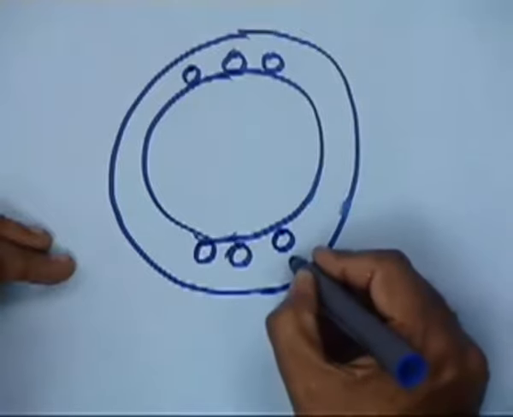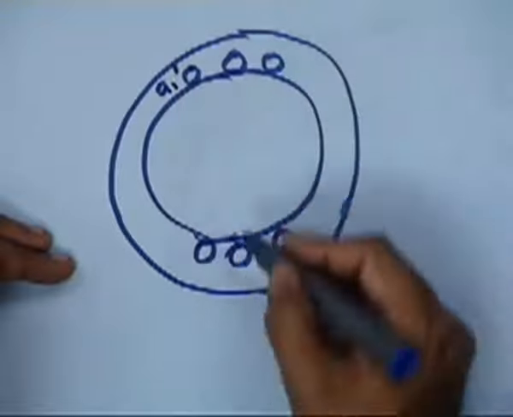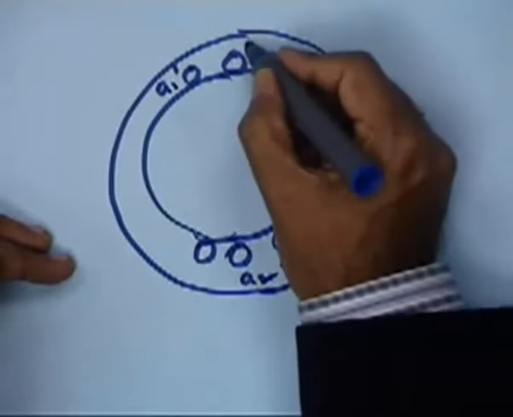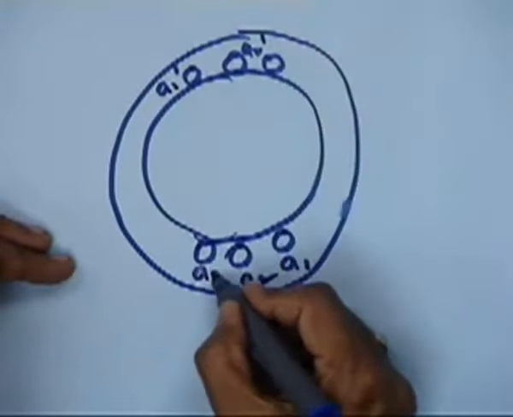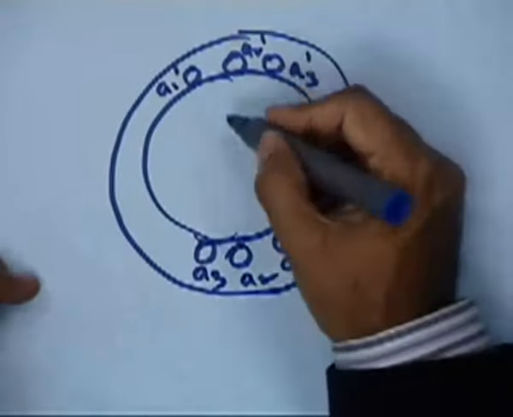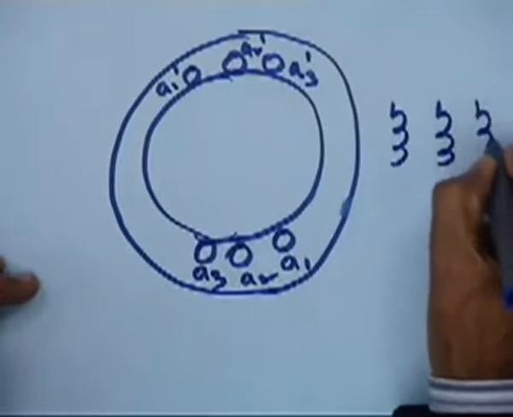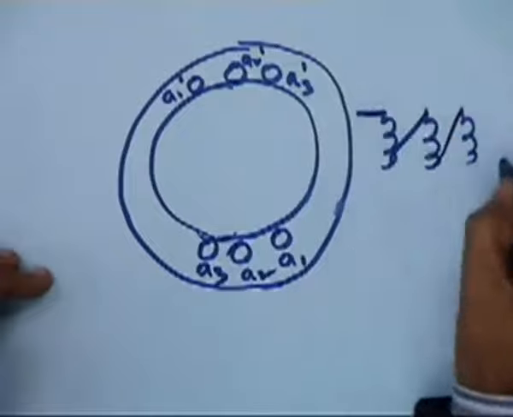So we can have, let us say, A1, A1 dash, A2, A2 dash, and A3, A3 dash. So I am not having one, there are 3 coils. They may be connected in series.